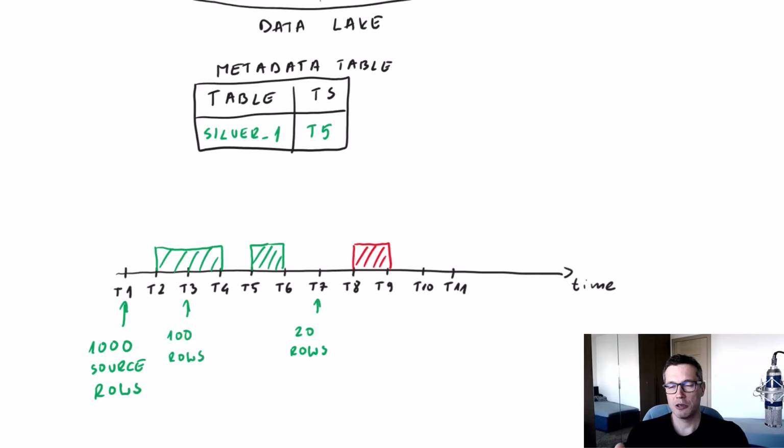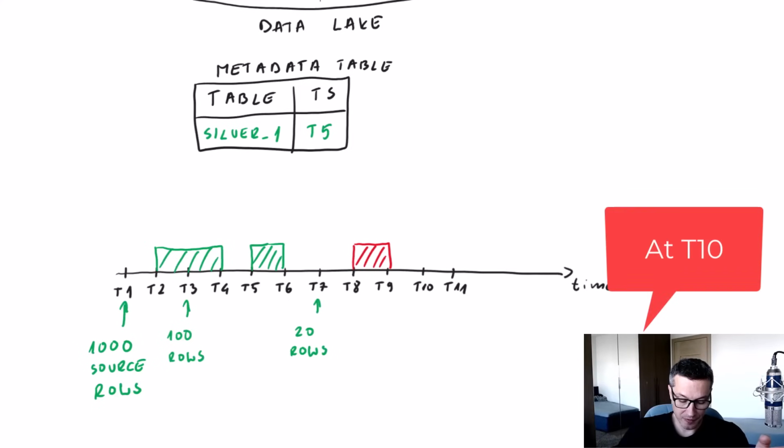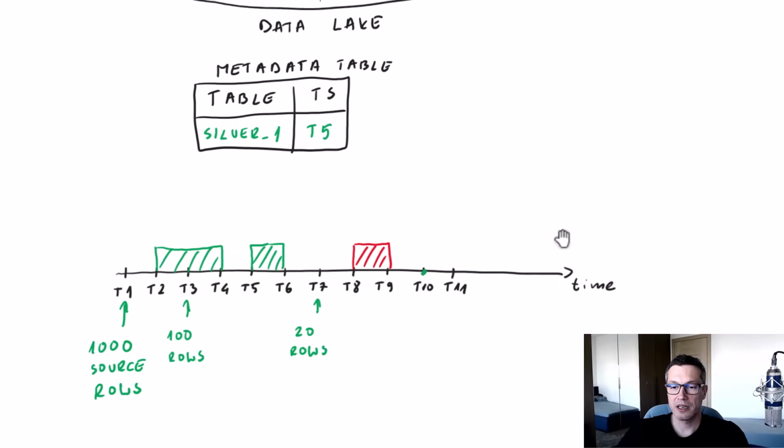Let's say that we fix the issue, or maybe it was a temporary problem with Azure, and at T9 here we start the processing again. And again, process goes to our metadata table, reads the last timestamp, T5, and filters the source data to read only those.